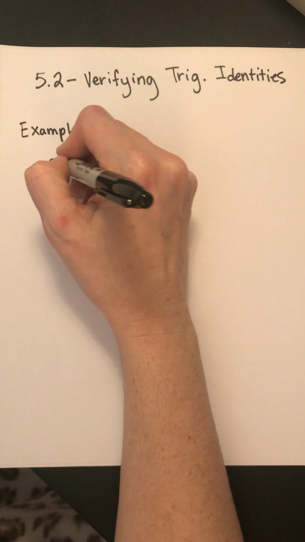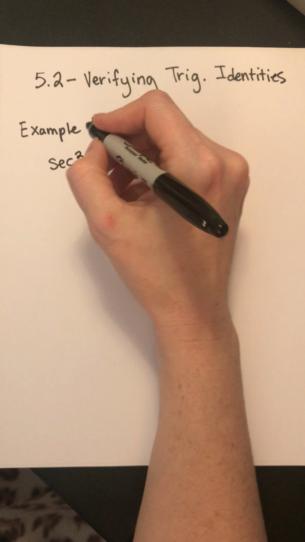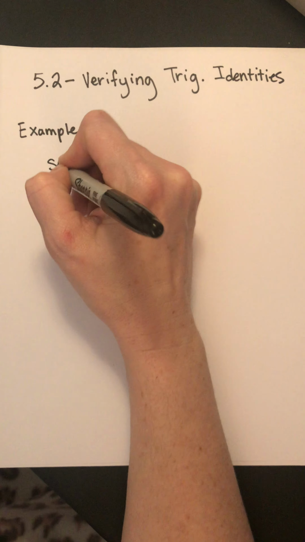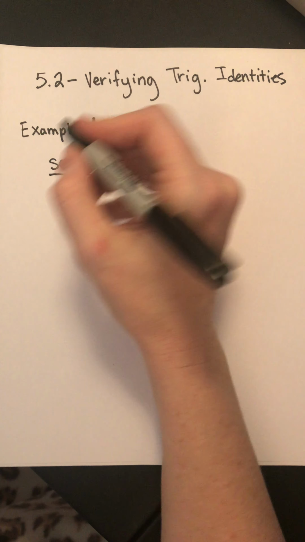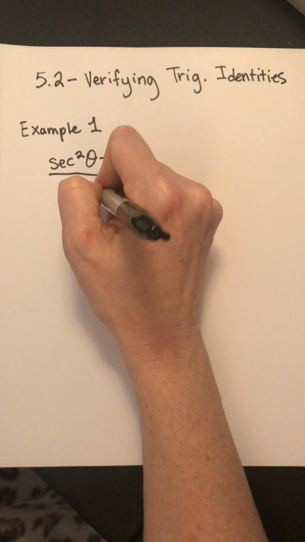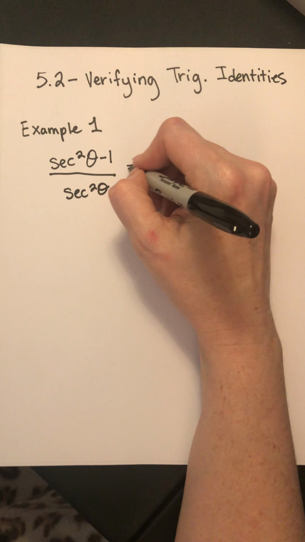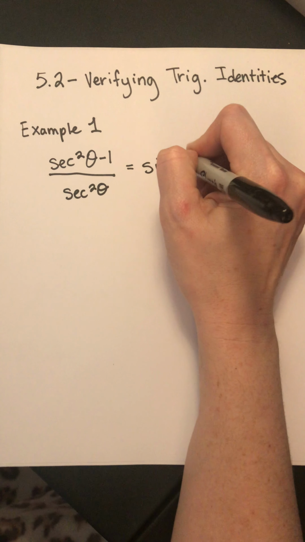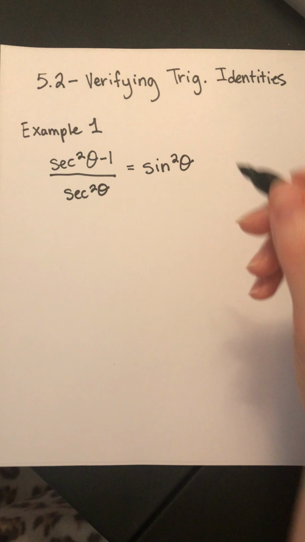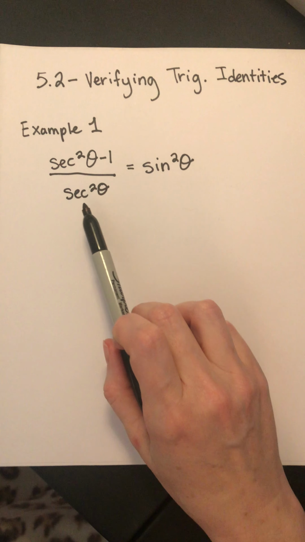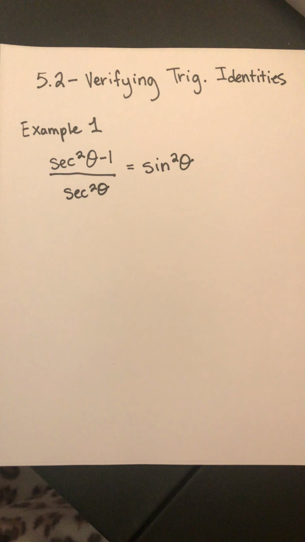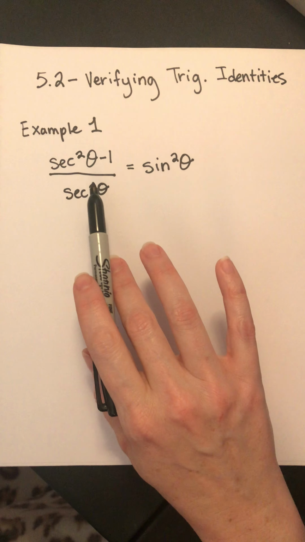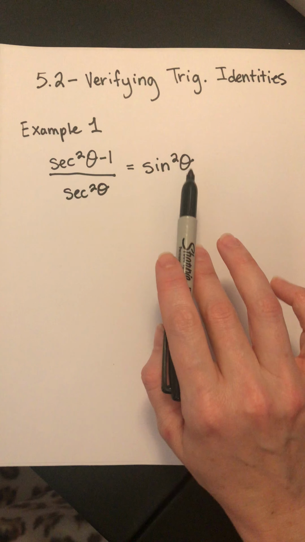We have secant squared theta minus 1 over secant squared theta equals sine squared theta. And we need to verify this identity, which means just prove that this is true. Very similar to what we were already doing in class. So we're going to work with one side and prove that this is the same as this.